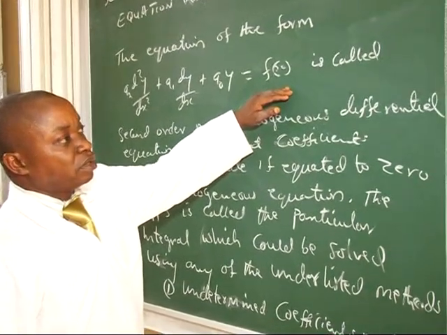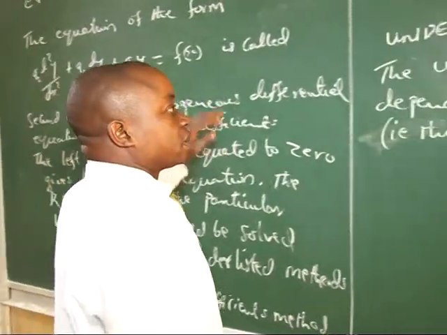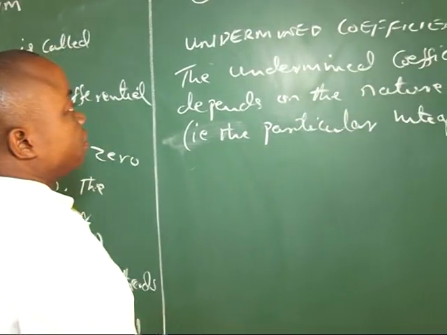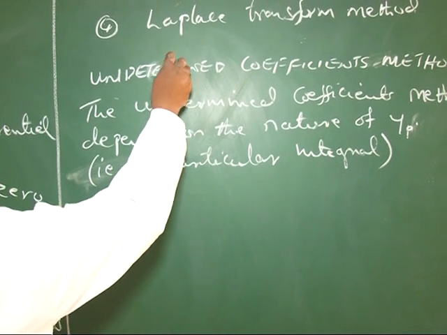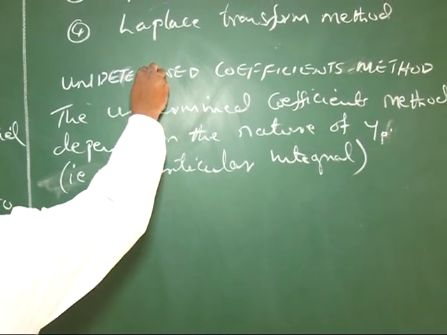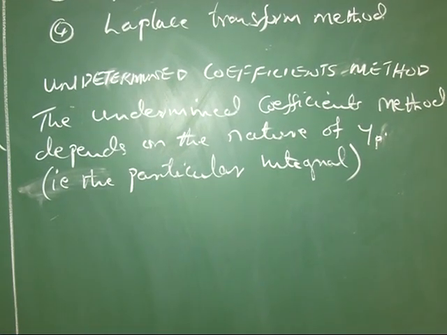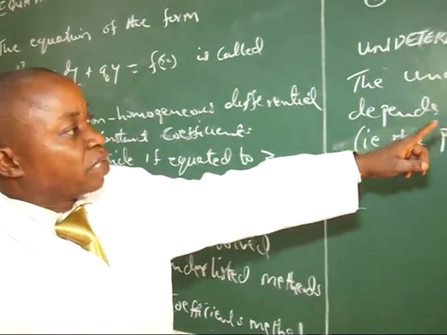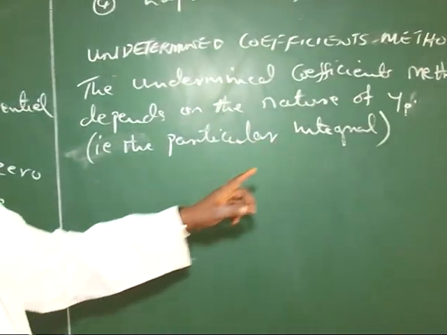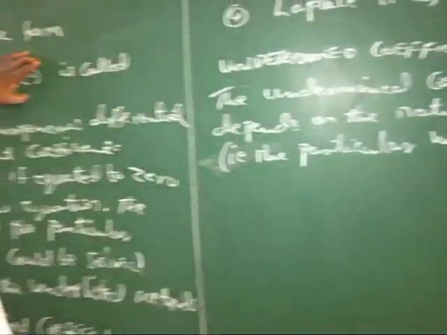So the undetermined coefficient method depends on the nature of YP, that is the nature of here.